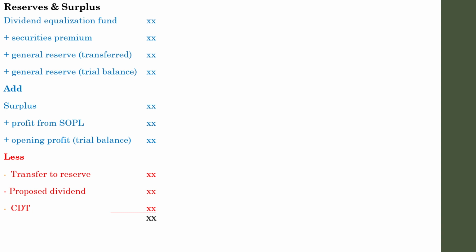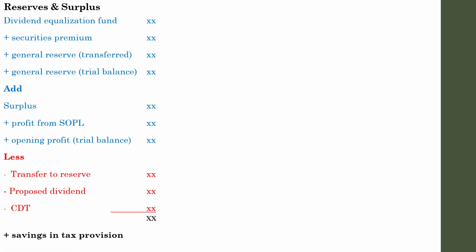So this is the pattern of computing reserves and surplus. From the examination point of view, remember this pattern as well as the pattern which we have learned while discussing the statement of financial position. The next item which you need to give importance is savings in tax provisions. Sometimes it is given as an adjustment item.